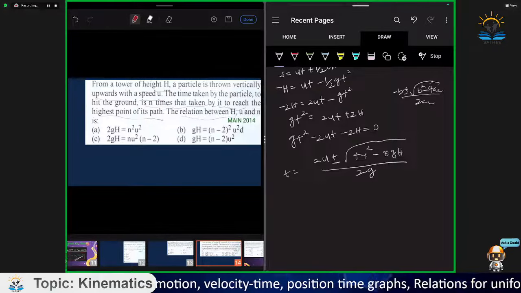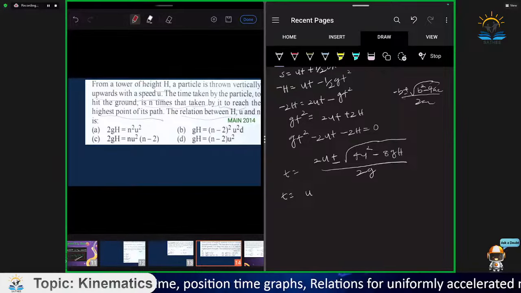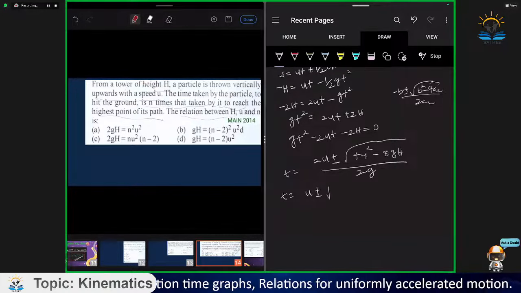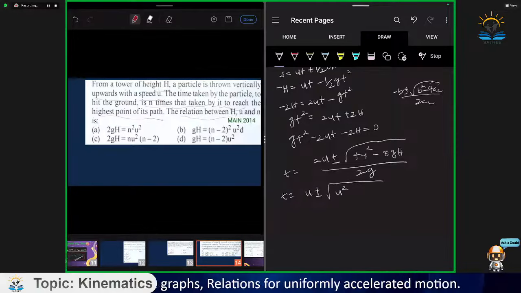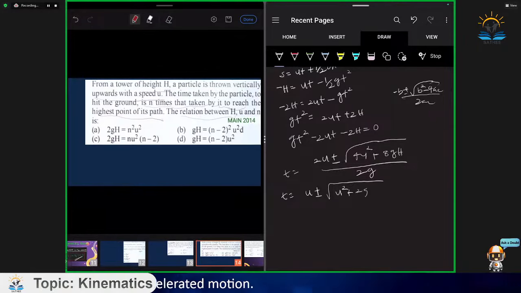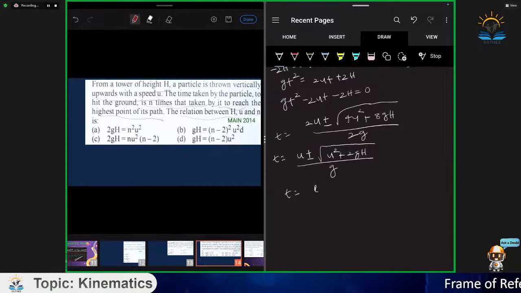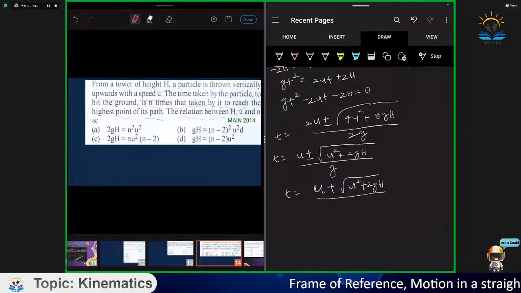So t equal to, we can take 2 as common, 2 into u plus or minus root of u square, here it is minus 2 so plus, u square plus 2gh, divided by g. So t equal to u plus root of u square plus 2gh divided by g.